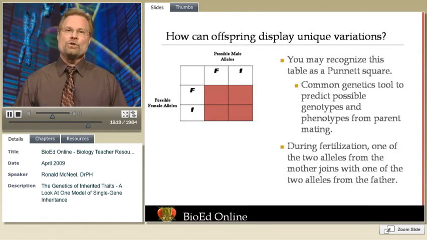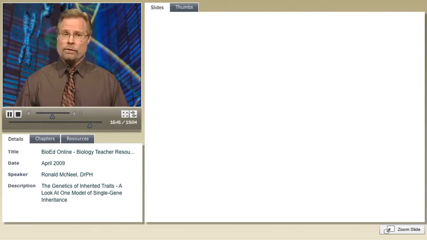This is a common tool used by geneticists to predict the possible allele genotype combinations and possible phenotypes between parents of known genotype. When fertilization occurs, one of the two possible alleles from the mother joins with one of the two possible alleles from the father.